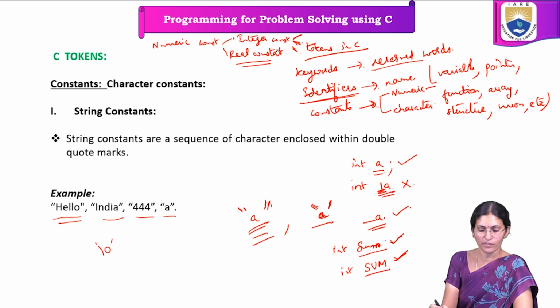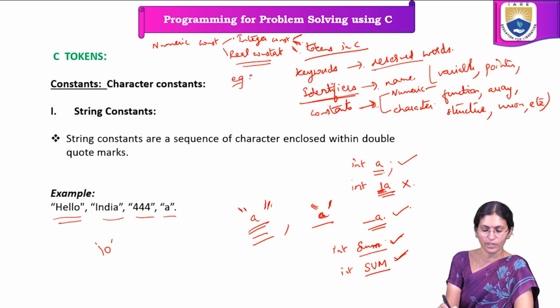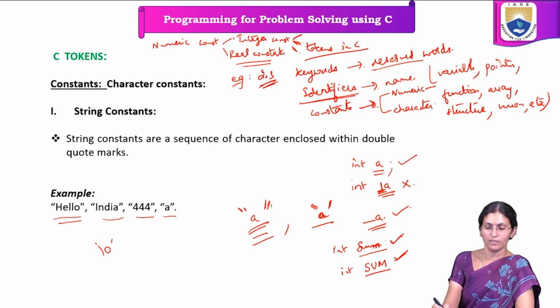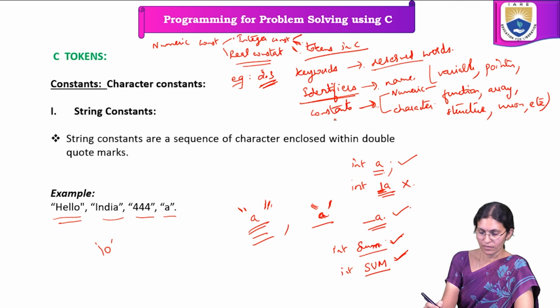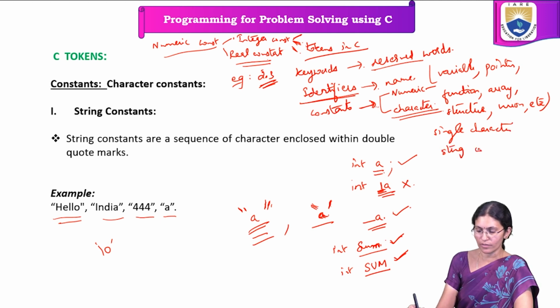An example of a floating point constant is 2.3, etc. Here we represent the real constants in terms of decimals, so there should be a decimal point. The second type of constant is character constant. In character constants, we have single character constant and then string constant.